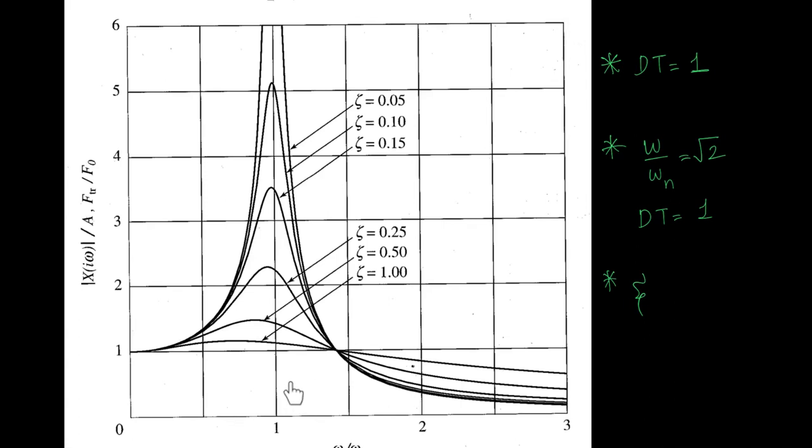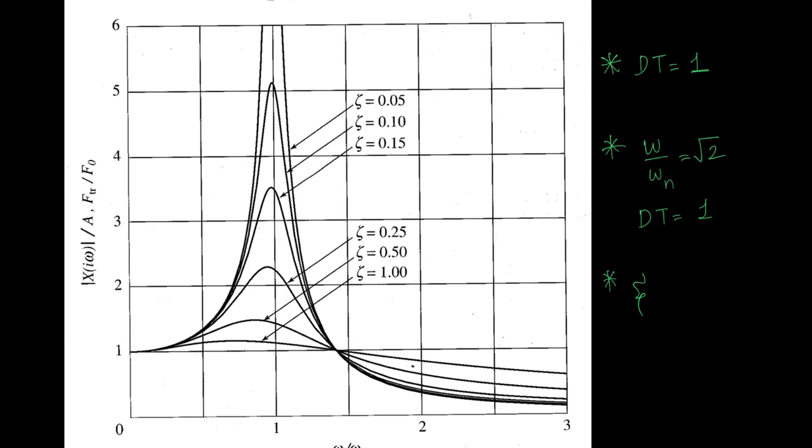The values for the displacement transmissibility are coming down, so it helps. But it is quite counterintuitive in the next regime, where values of omega by omega n are greater than root 2. Here you can see as the amount of damping increases, the value for displacement transmissibility goes up.